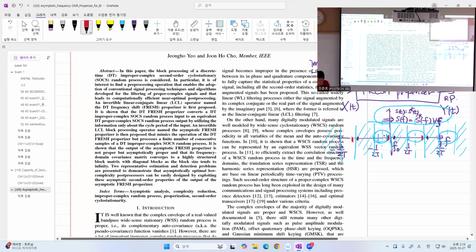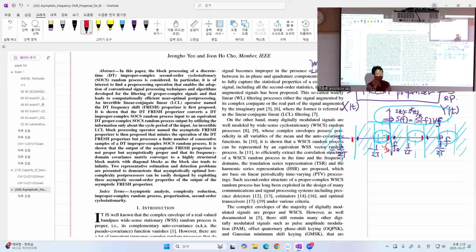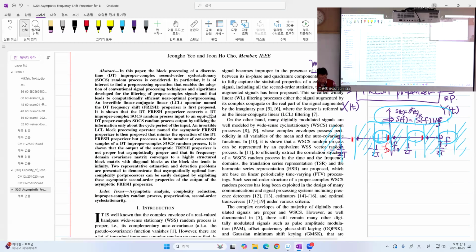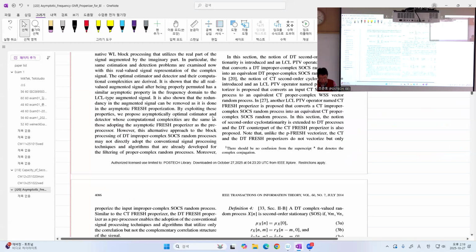So negative f0 component and positive f0 components are correlated, similar to what we have in the conjugate symmetry of the Fourier transform of real valued signal. Ready? So let me show you what we did here.